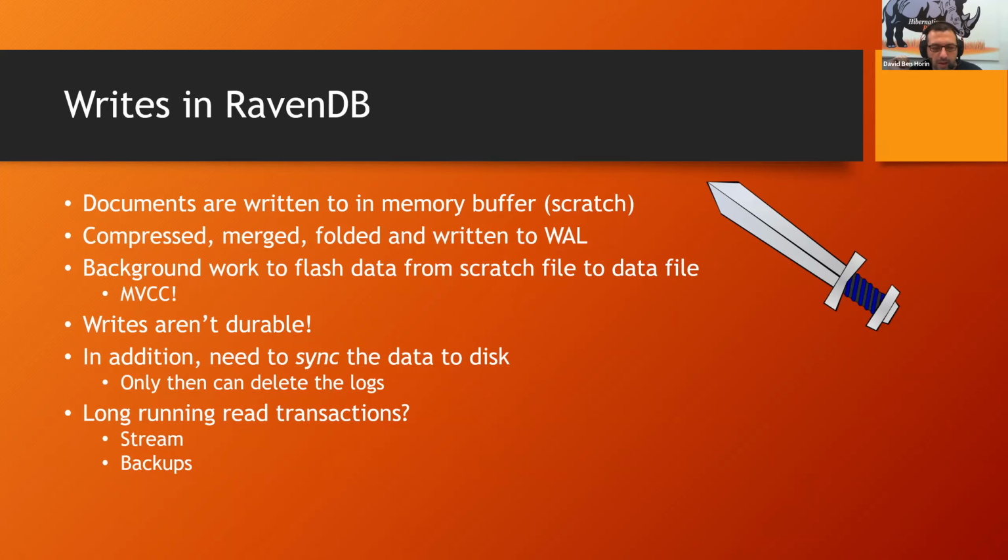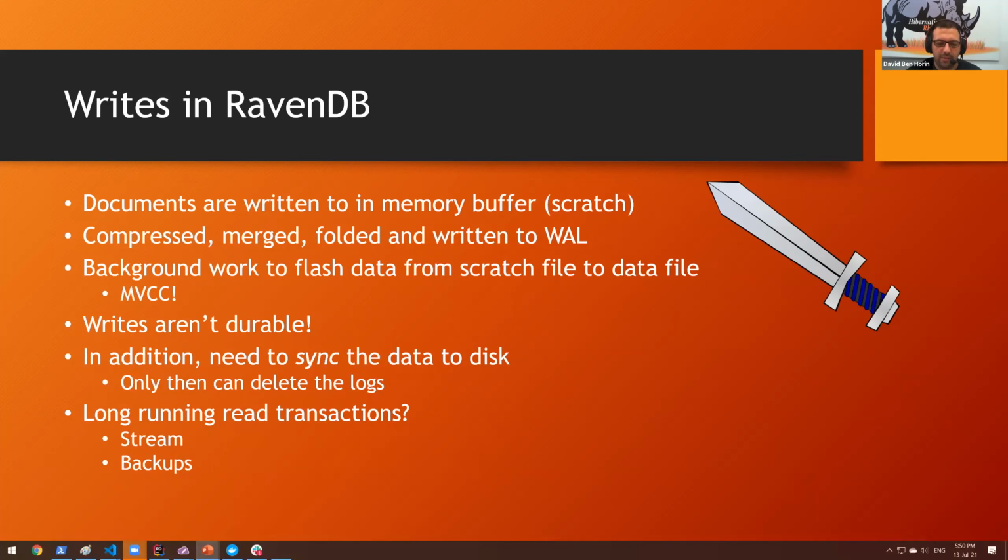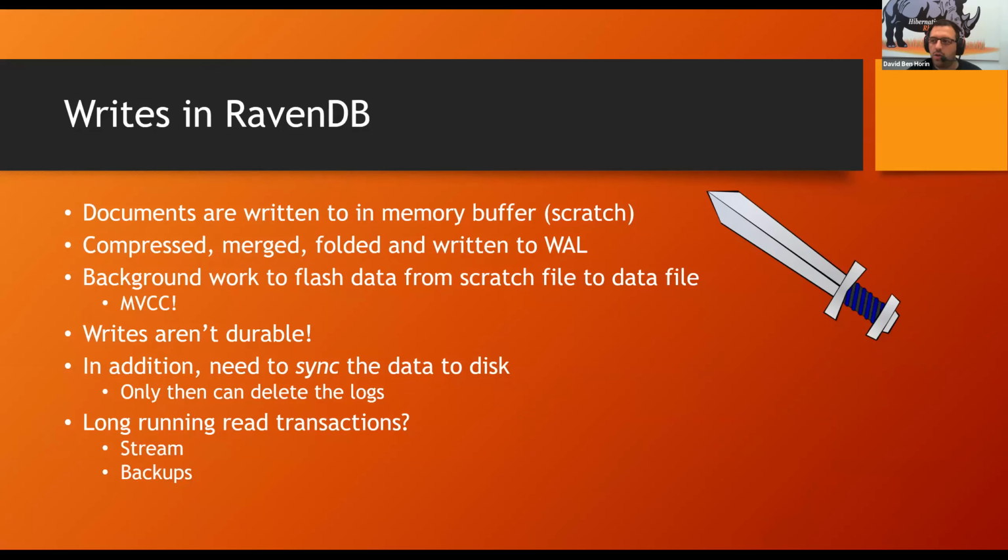Now, there is a term called MVCC. MVCC stands for multi-version concurrency control. The idea here is that at any given point in time, there may be multiple versions of data in place. So let's assume that they have this.